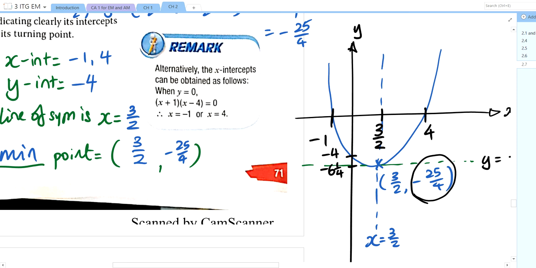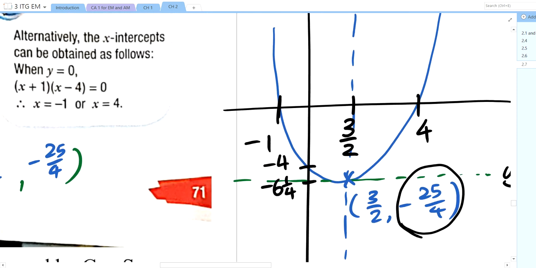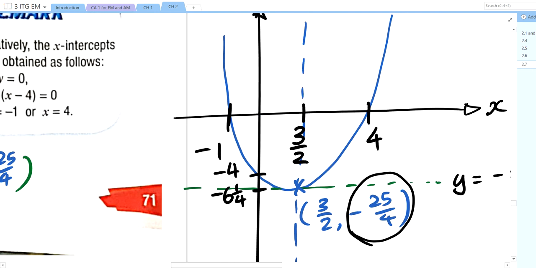Is the scale okay for you? Why not? Actually, in my opinion, it's still okay lah. But if you want it to be better, go and adjust your x-axis or your y-axis accordingly. Okay? As long as it is not too far off, not too exaggerated, we are okay.